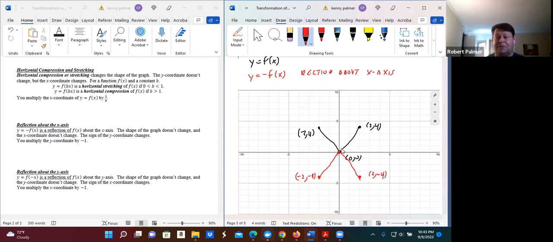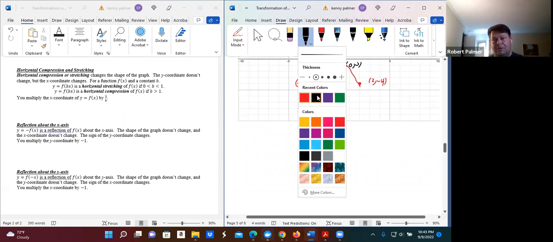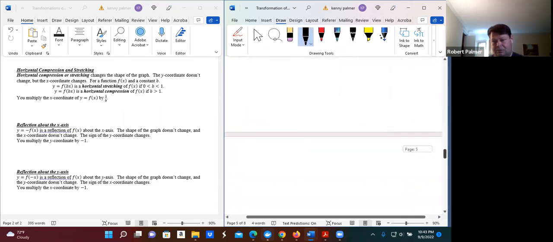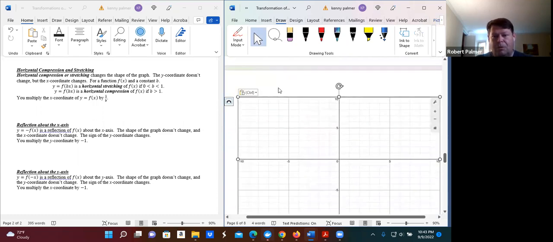The shape stays the same as the original, but it's just a reflection, a mirror image of this graph across the x-axis. And then our last transformation. We're going to do the same thing.